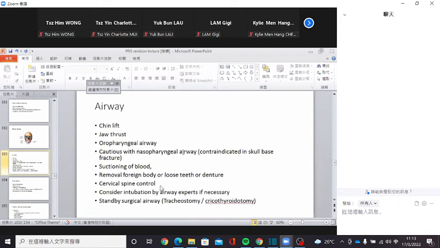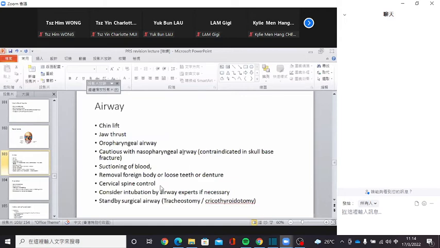For the airway, I will not repeat, but you need to know problems could happen because of the direct trauma or because of the bleeding. If that happens in your facial trauma patient, the bleeding could be very profound because the mucosa, when it bleeds, is very profuse.